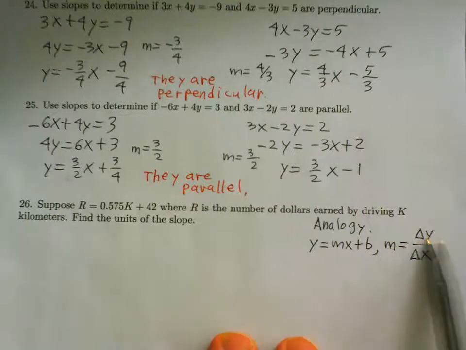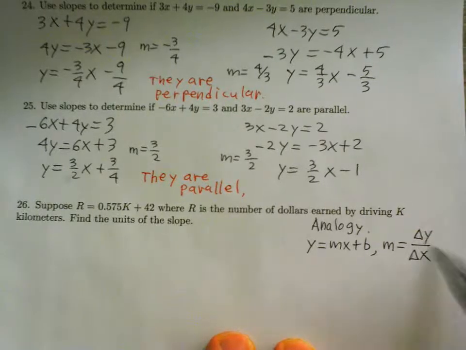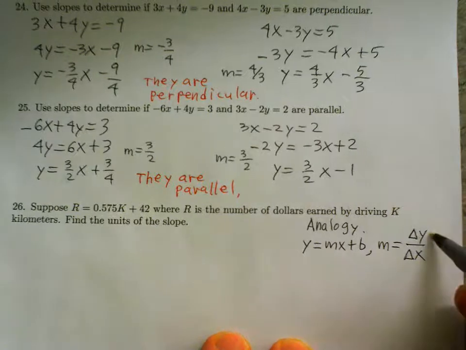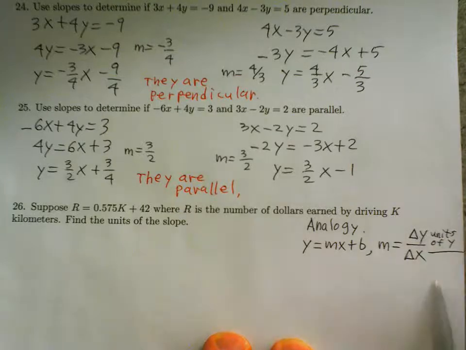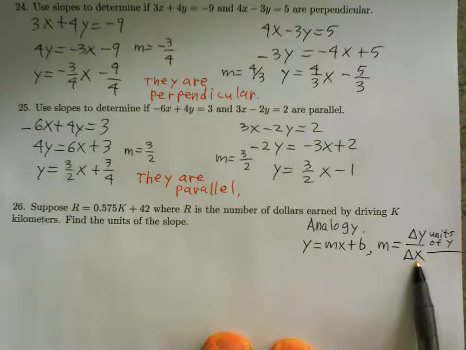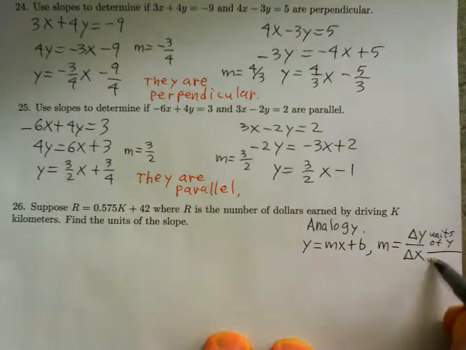Well, in the numerator, we have y values. So whatever the units of y are is in the numerator, and delta x is in the denominator, or the x values are in the denominator. So whatever the units of x are.